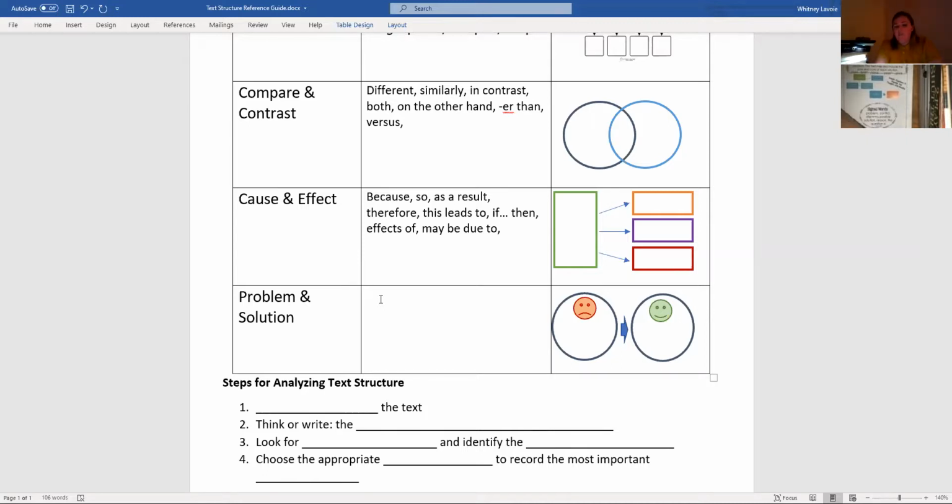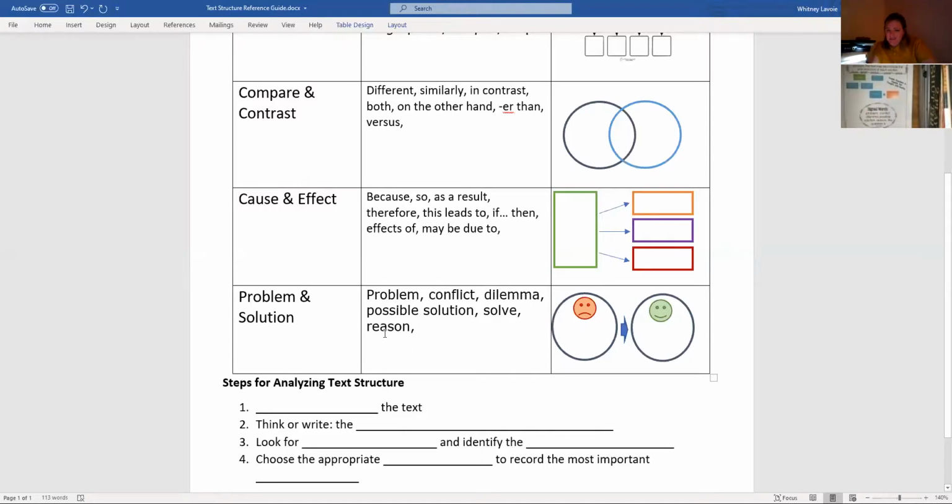So don't worry if it's not all clicking yet. Okay, so problem and solution, you got problem, conflict, dilemma, ooh, that's a juicy word, possible solution, solve, reason.